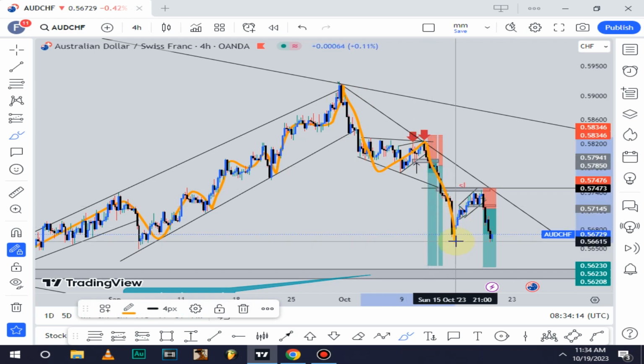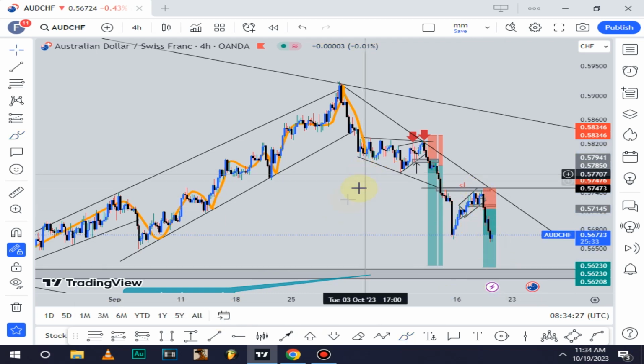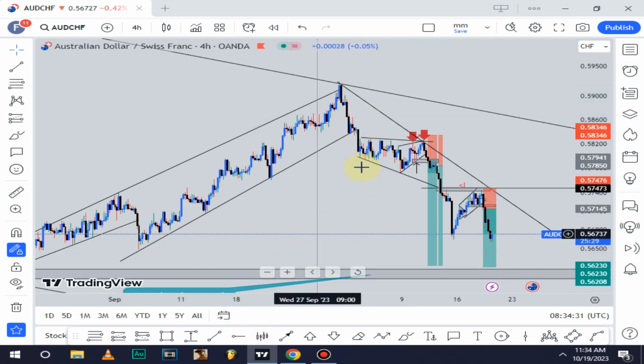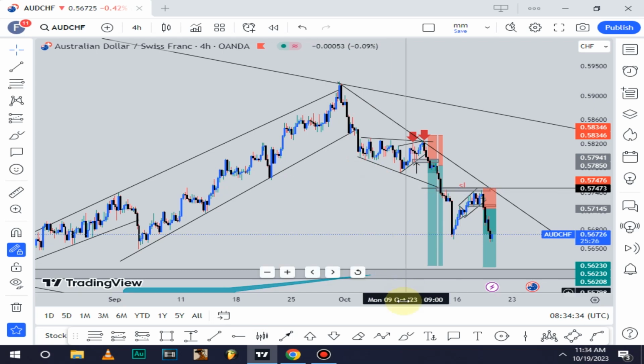You can see that when it is time for an impulse move, the market really moves. This is a correction, and guess what, now this is an impulse. You can compare, guys, anytime there's an impulse movement, the market is really moving without even resting.